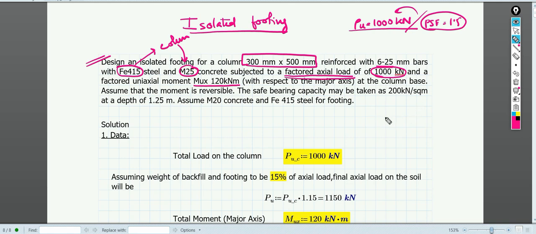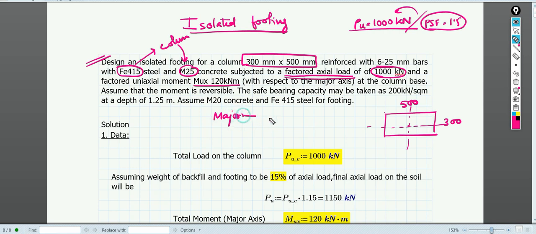So whenever in the question it is mentioned like major axis, suppose we have a column, the column dimension is already given to us, which is 300 by 500. Suppose this is the center, then the axis about which the section is stronger will be called the major axis.